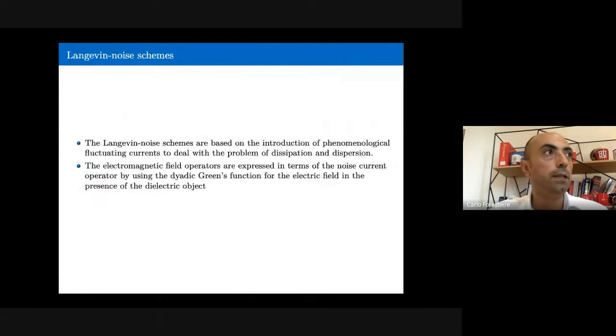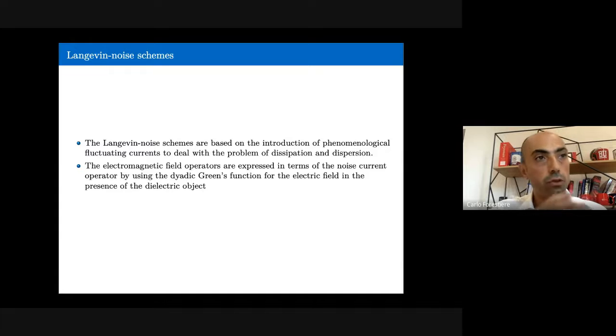On the other side, we have the so-called Langevin noise scheme. In this scheme for the quantization of the electromagnetic field in nanostructures, there is the introduction of phenomenological fluctuation currents that deal with the problem of dissipation and dispersion. In particular, in this case, all the electromagnetic fields are expressed in terms of these noise current operators through the classical Green function.